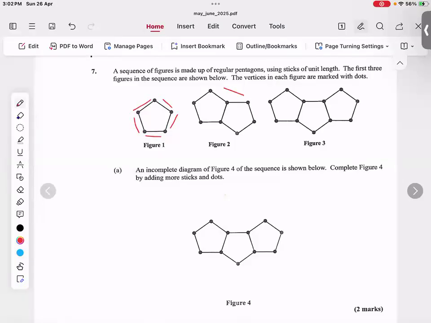An incomplete diagram of figure 4 of the sequence is shown below. Complete figure 4 by adding more sticks. So therefore, we could basically draw one extra pentagon this way on it. So 1, 2, 3, 4.